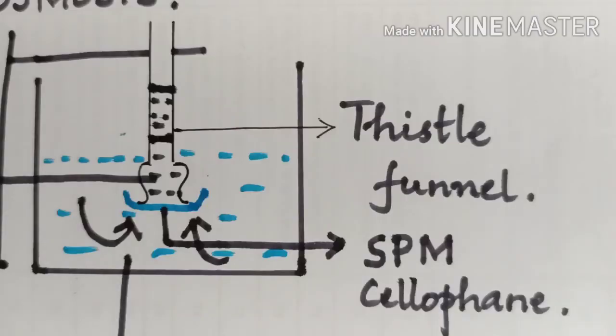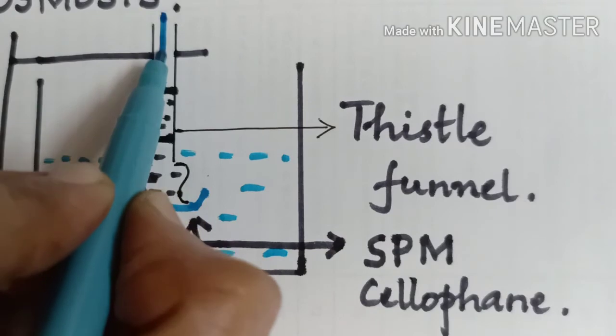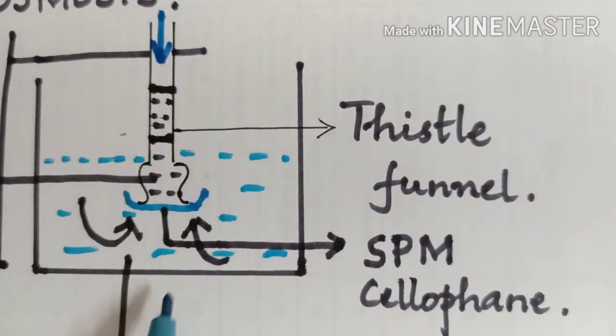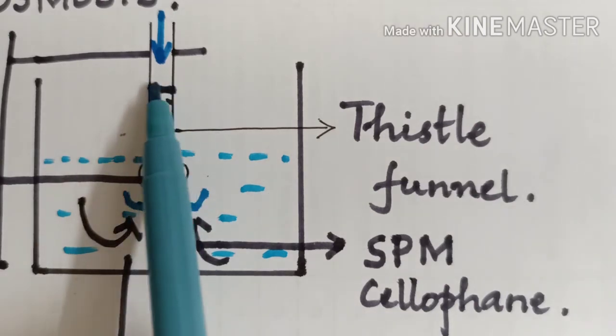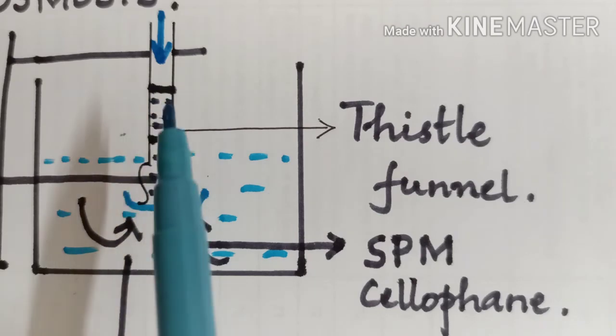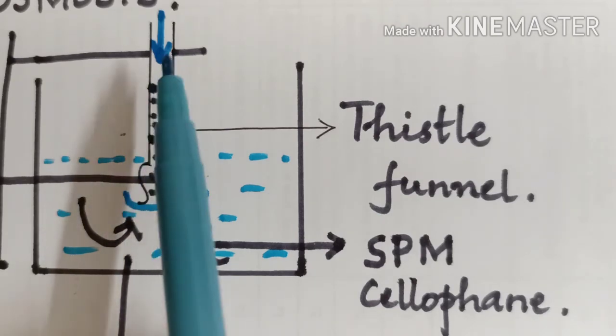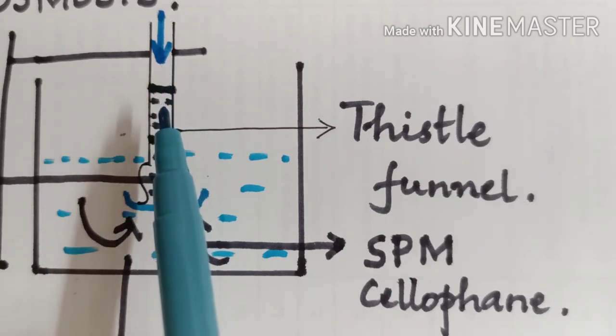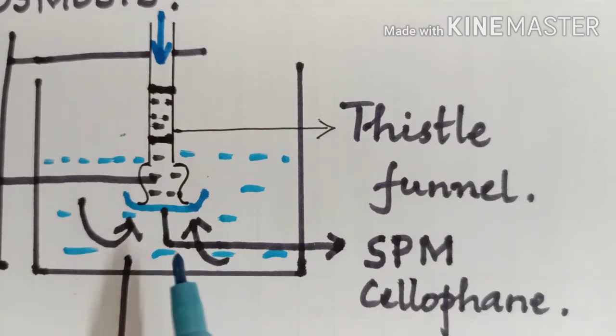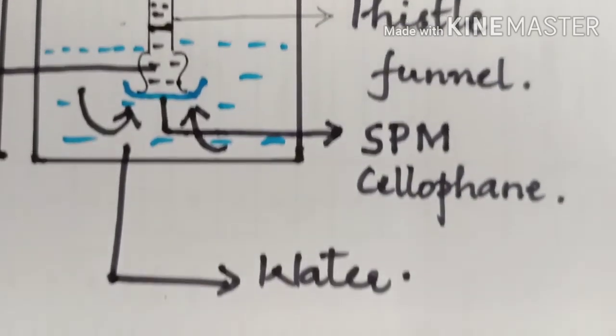We are concerned with understanding what is meant by osmotic pressure. It is the pressure exerted on the solution side in order to stop the process of osmosis. The pressure exerted on the solution side, that is the hydrostatic pressure applied on the solution side in order to just stop the process of osmosis, is known as osmotic pressure.